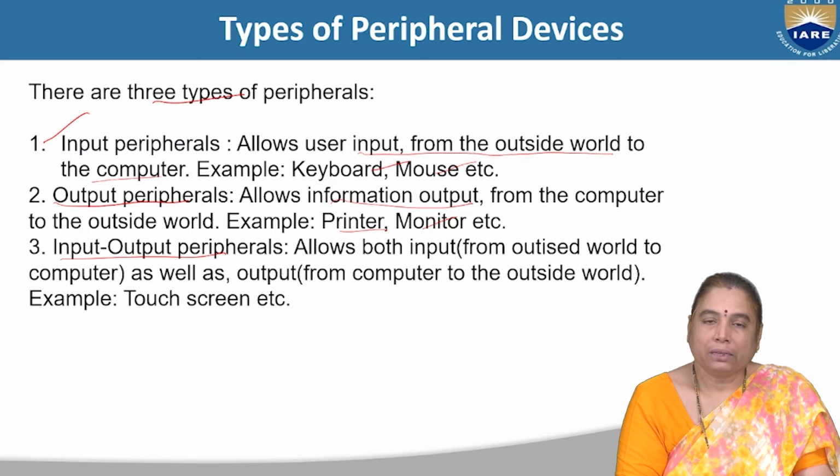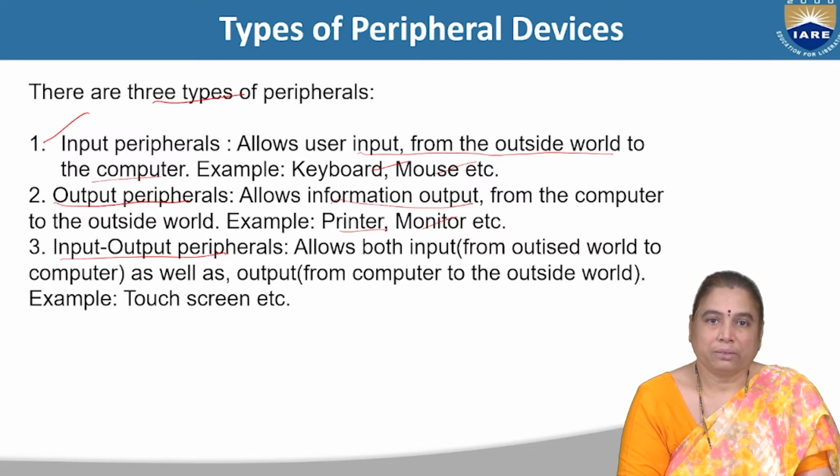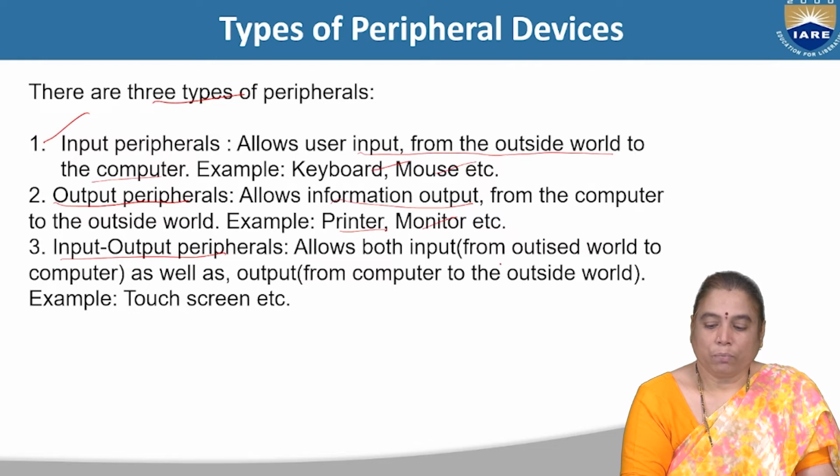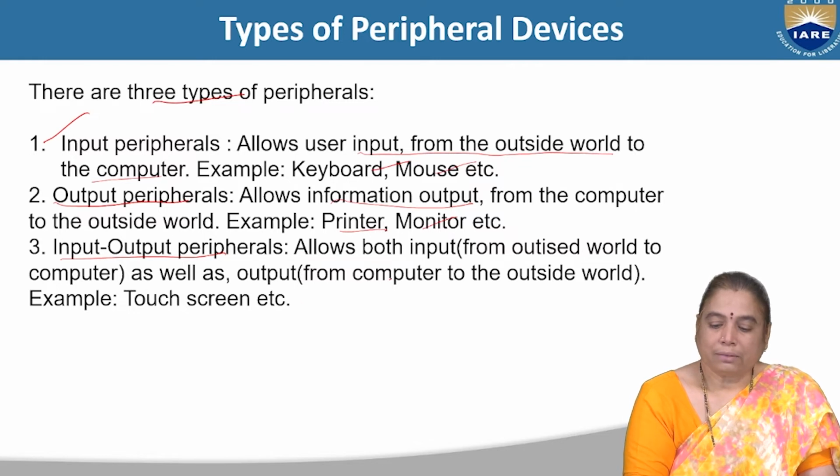But some devices can be used for both purposes. That is, the same device can be used as input and can also serve as output. Those peripheral devices are called input-output peripherals, which allow both input as well as output.